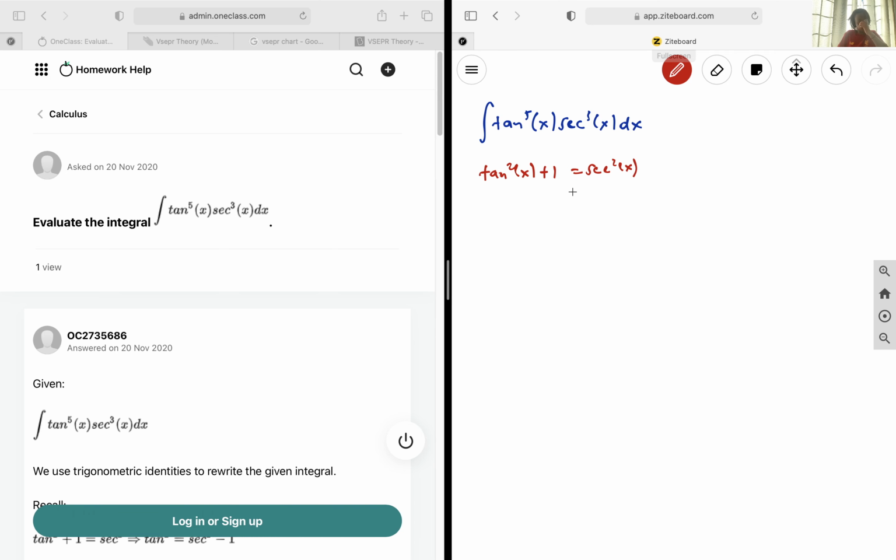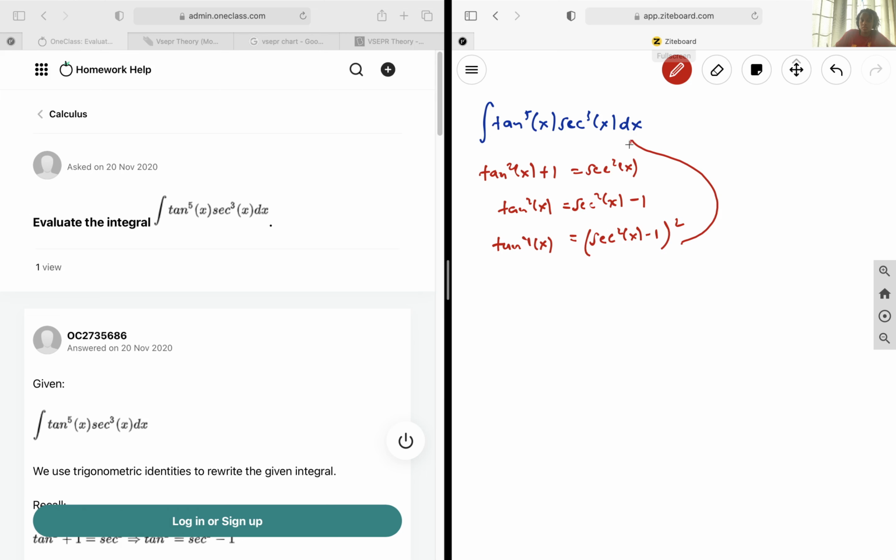Okay, so now we isolate for tan squared. It's equal to secant squared x minus 1. And then we're going to square both sides to get tan to the power of 4x is equal to secant squared x minus 1 all to the power of 2.